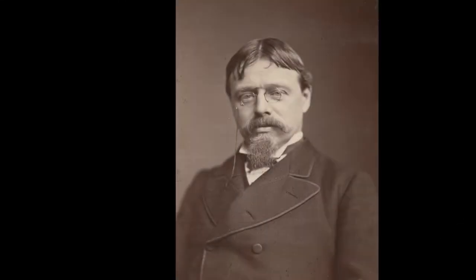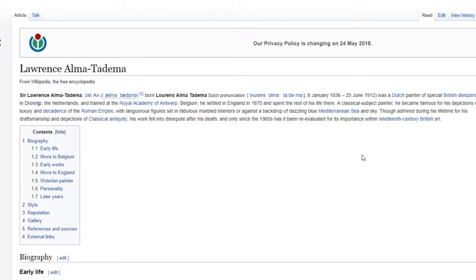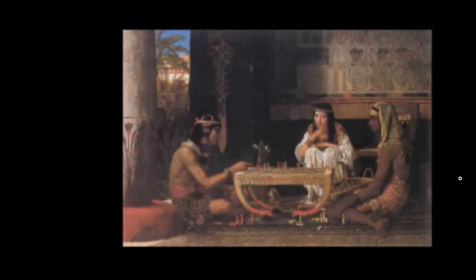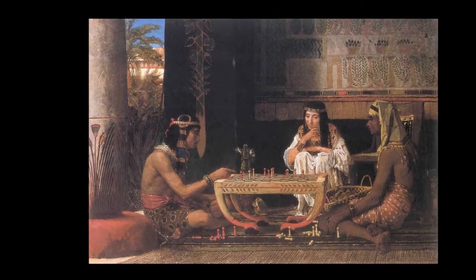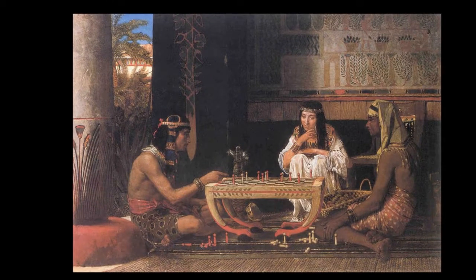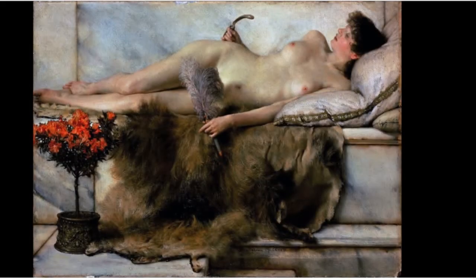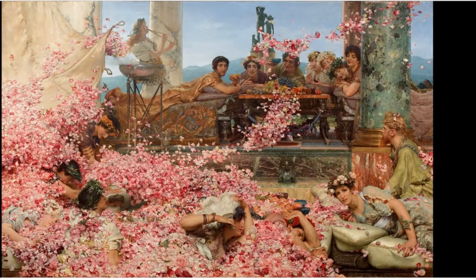This is the gentleman. And if we look at just a couple of his pictures, just to get the idea, this is a classic here. Chess players. This was an early, kind of middle piece in his career. But he was actually one of the highest paid artists in his time. You can see this is like classic more kind of thing.